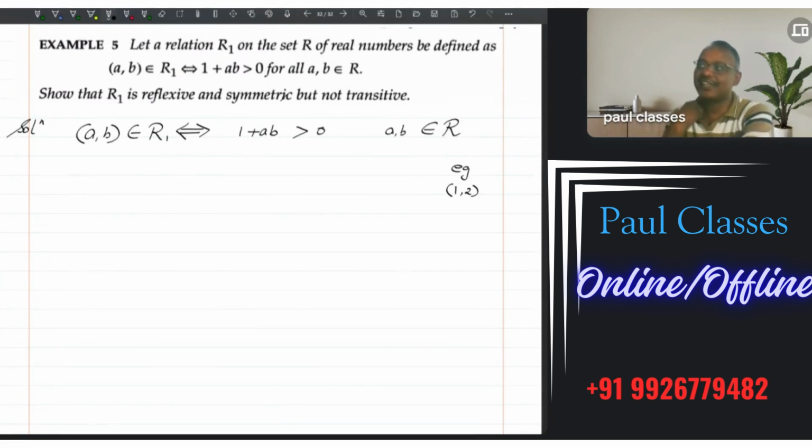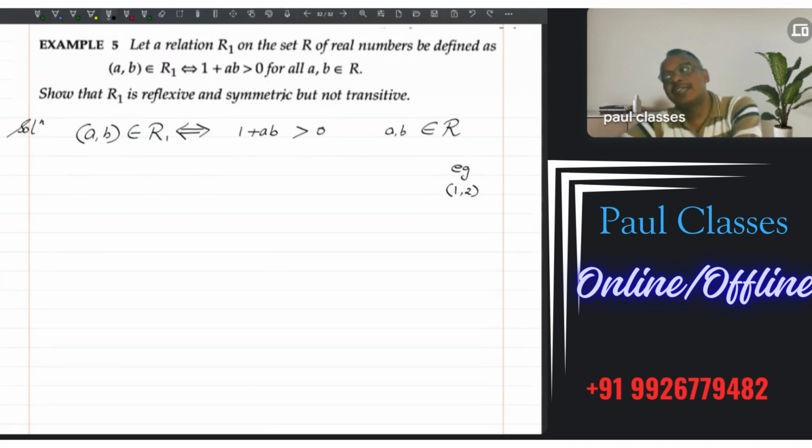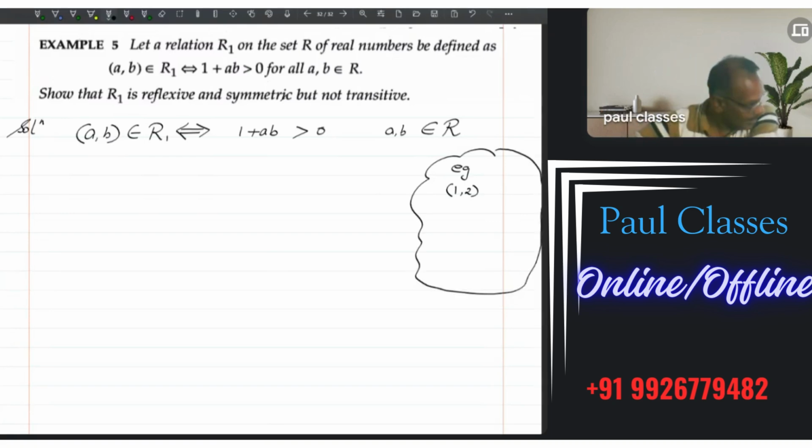This relation is given by AB is in R1 if 1 plus AB has to be greater than 0, then AB will be in R1. Tell me, why am I saying that 1, 2 is there in this set? As it is satisfied. What is the condition? 1 plus 1 into 2, how much is it? Is it a number greater than 0?